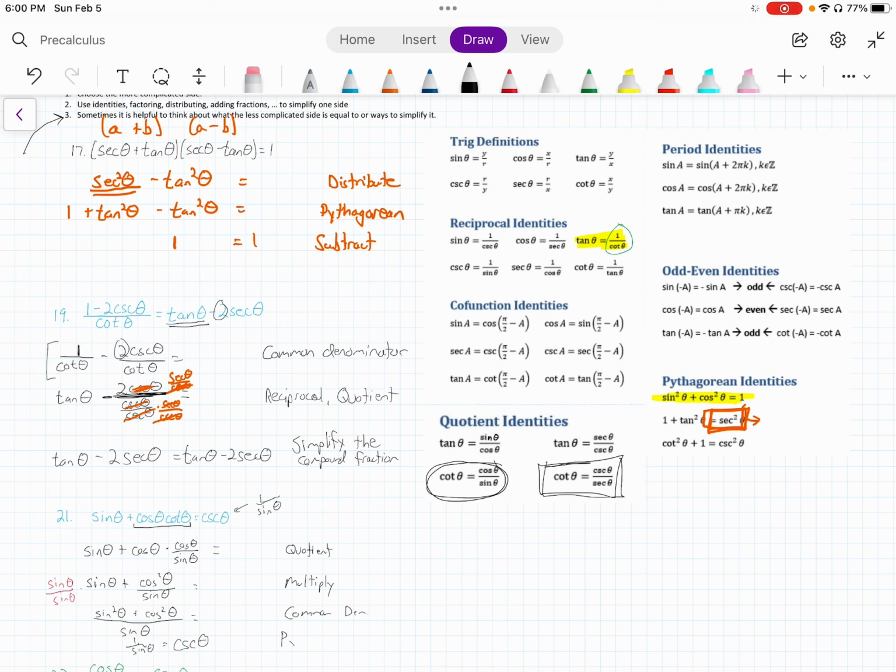So we just use Pythagorean identity, and to squeeze it in here at the very bottom, we know 1 over sine theta is cosecant theta. So our last line says cosecant theta equals cosecant theta, and that was using a reciprocal identity.